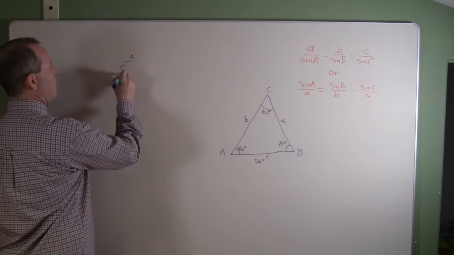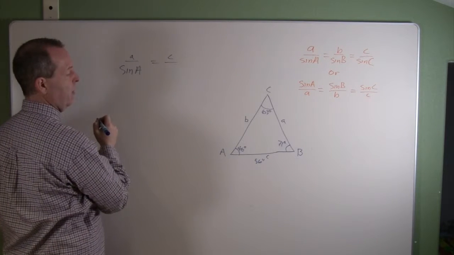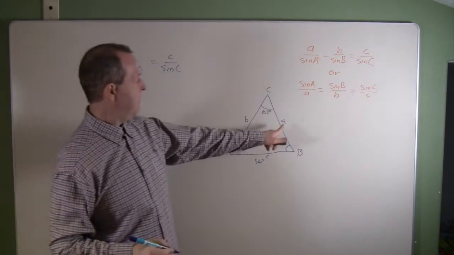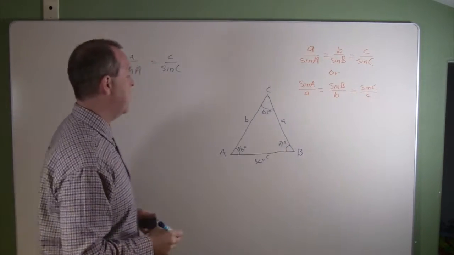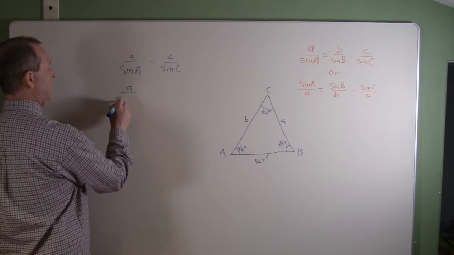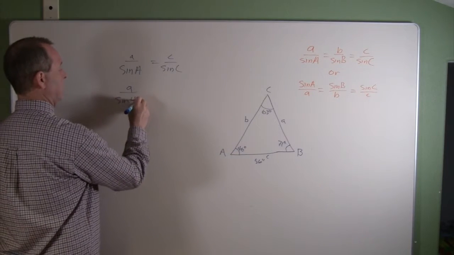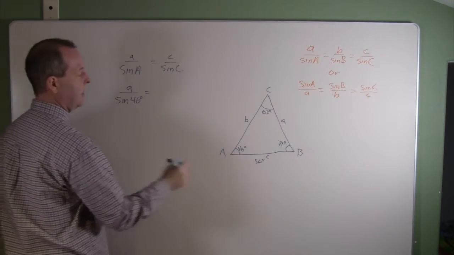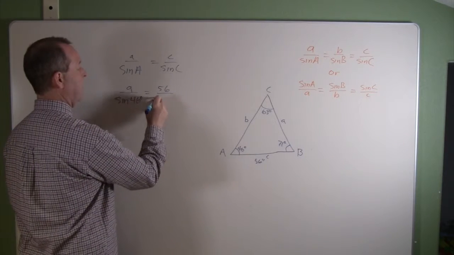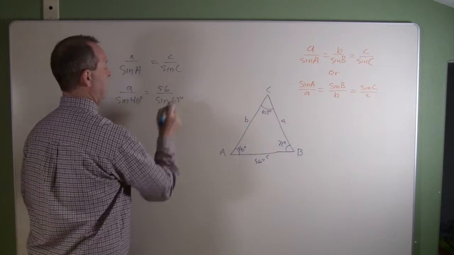So let's look at A over the sine of A equals C over the sine of C. This is going to find this unknown side right there. So I would have A over the sine of 46 equals C, which is a length of 56, all over the sine of C, which is 63.